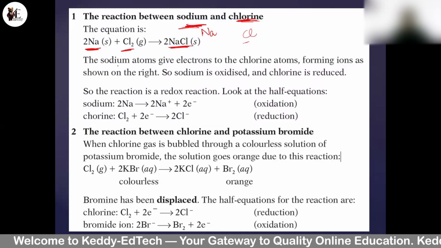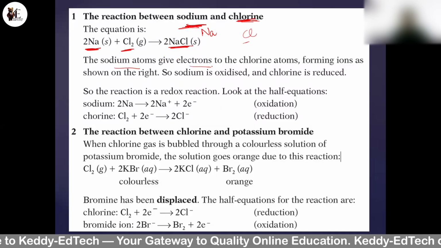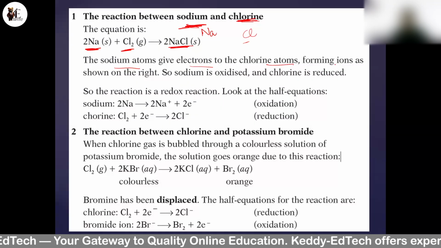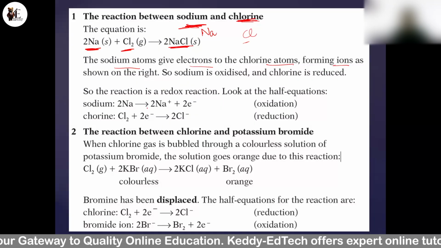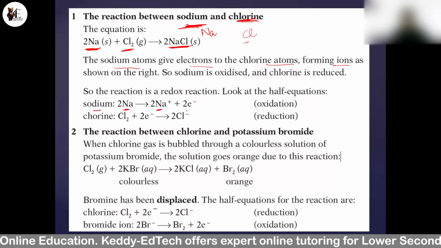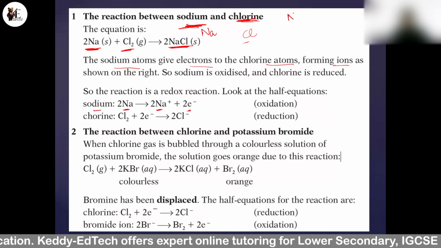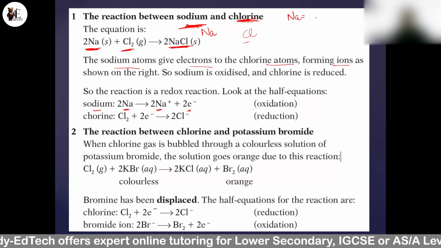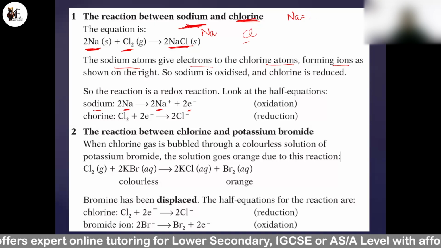So let us see that the sodium atom gives electrons to the chlorine atom, forming ions as shown here. So the sodium atom is losing electrons. What is the electronic configuration of sodium? Its atomic number is 11.